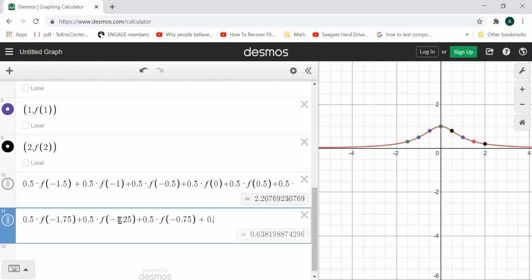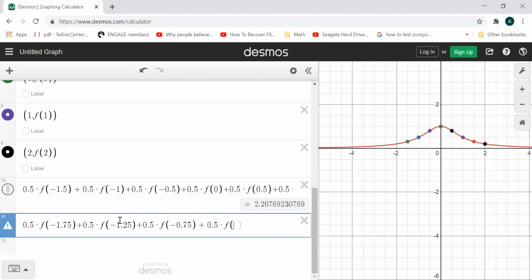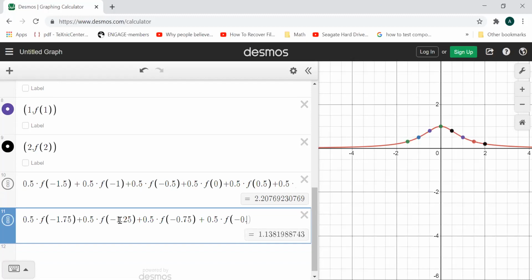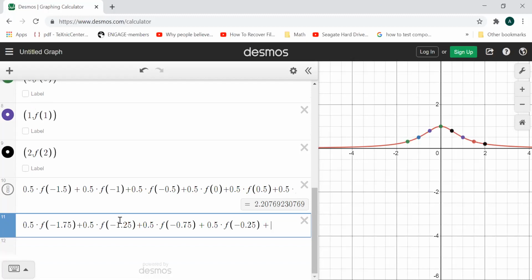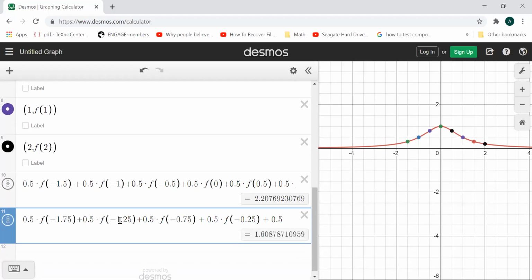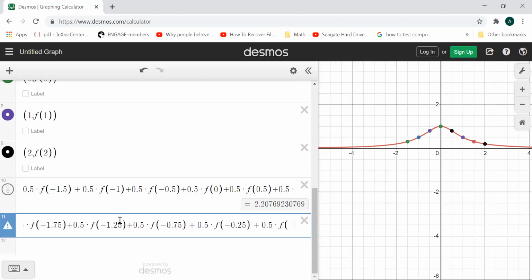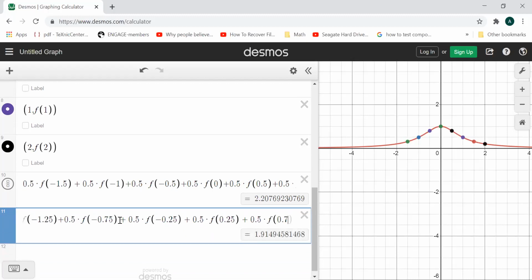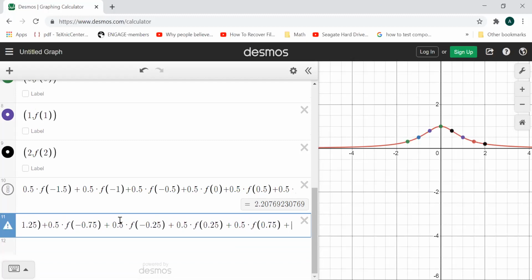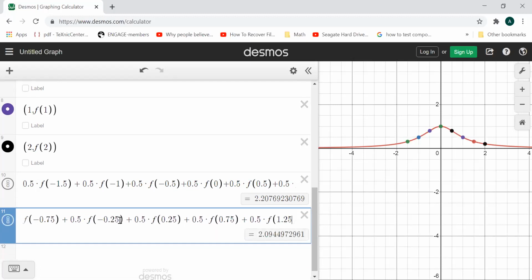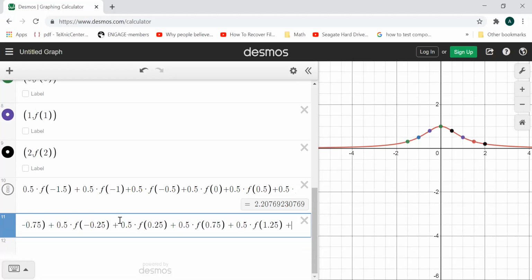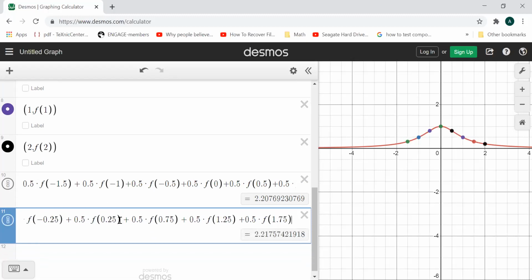plus 0.5 times f of negative 0.25 plus 0.5 times f of 0.25 plus 0.5 times f of 0.75 plus 0.5 times f of 1.25 plus, finally, 0.5 times f of 1.75.